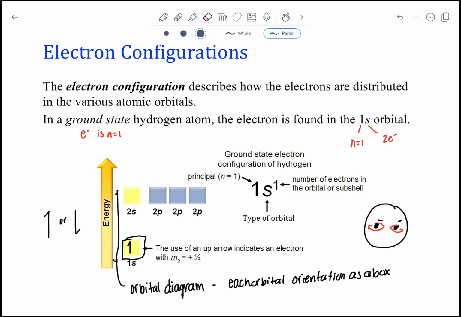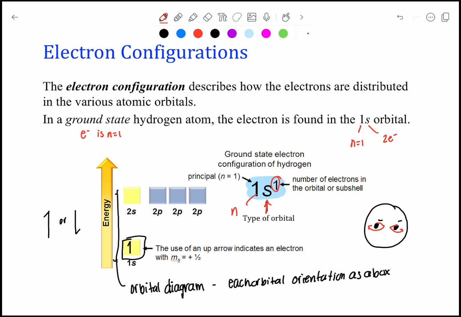So we can now write a shorthand for this to show where that 1 electron is in hydrogen, and that is what is being shown right here. We show 1, this is our n value, so that's our principal n value. The s is the type of orbital, and the superscript here is telling you how many electrons are in that orbital.